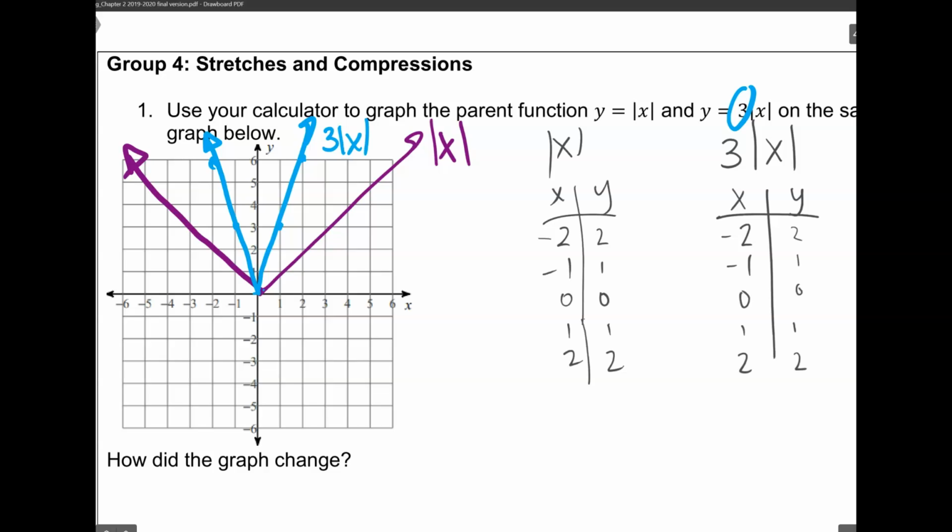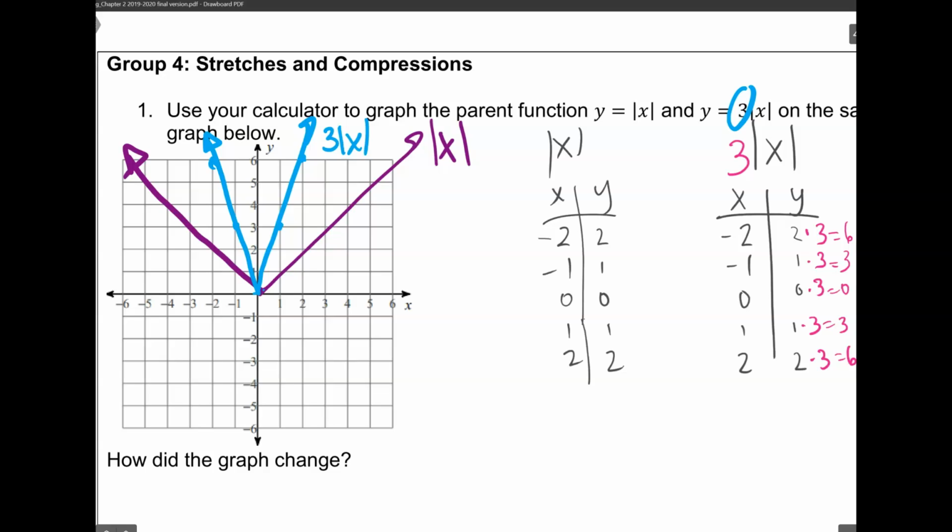So why would you start at 0 again? I'm multiplying all my values by 3. What's 0 times 3? 0. So this gives me my y values. Literally what this 3 in front does is take my old y values and multiply them by 3. I'm stretching it by a factor of 3.